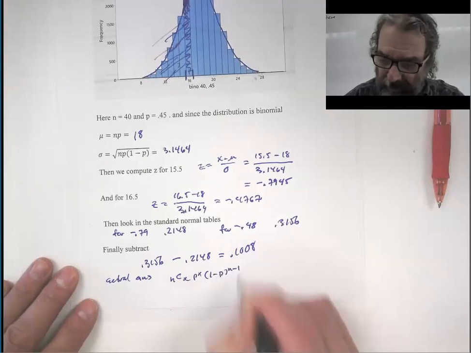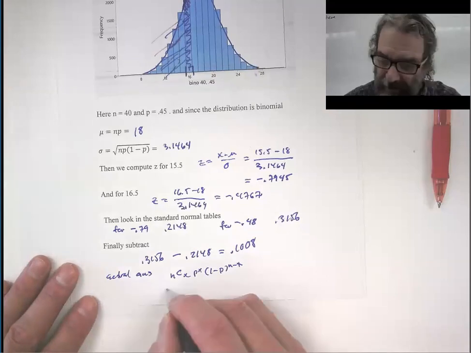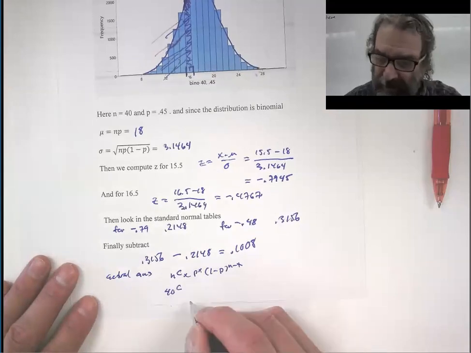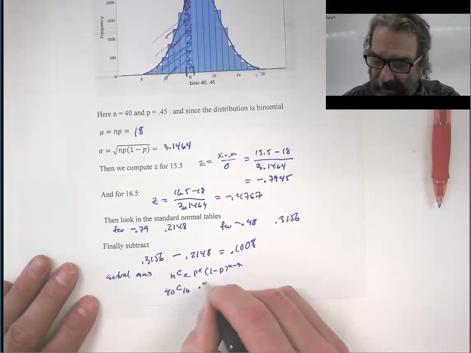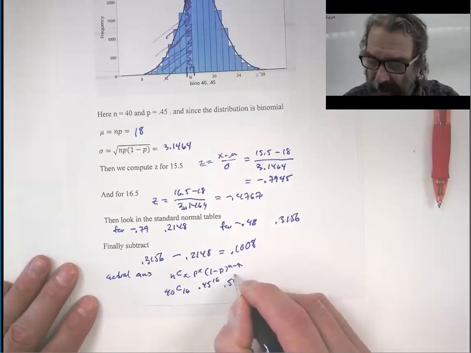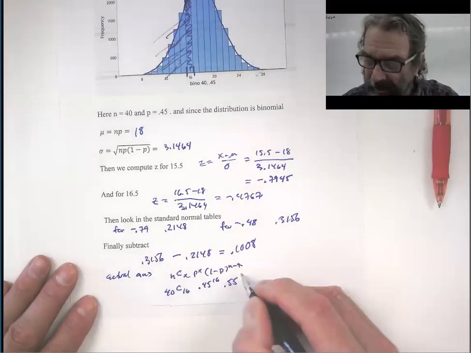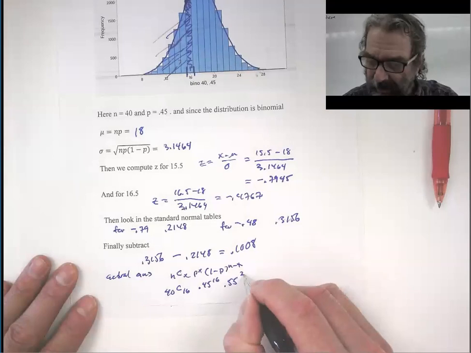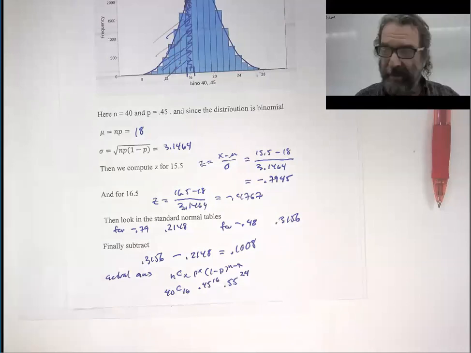That's the formula we used for a binomial. n is 40, x is 16, p is 0.45 to the 16th, and then 0.55 to the 40 minus 16, which is 24. 24 plus 16 is 40. That's right, like that. And I'll know in a minute because I'm supposed to get 0.1043.